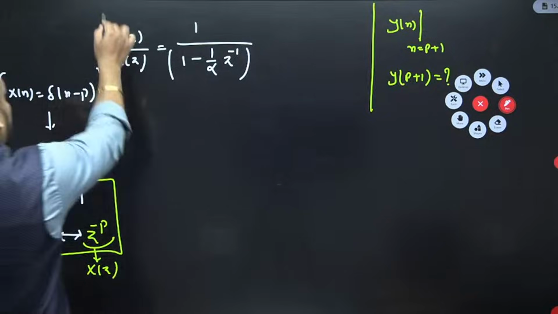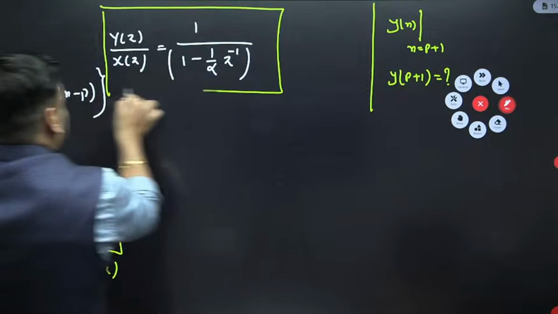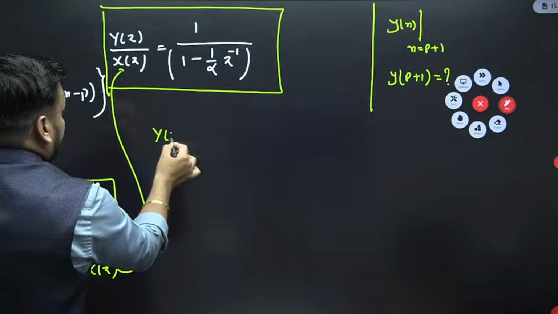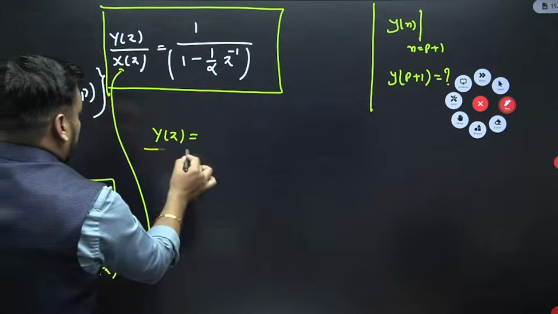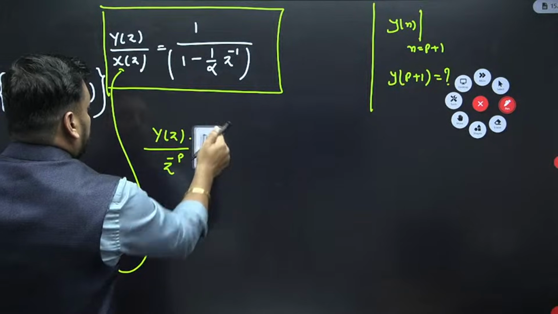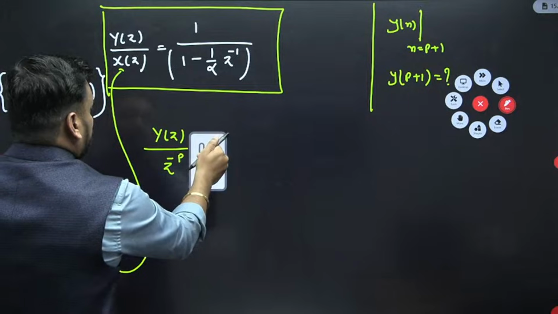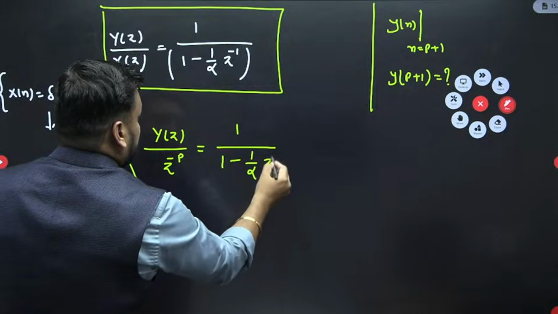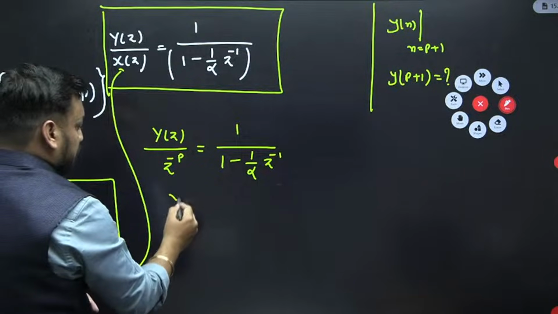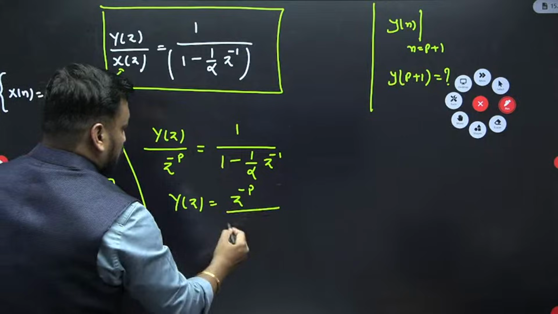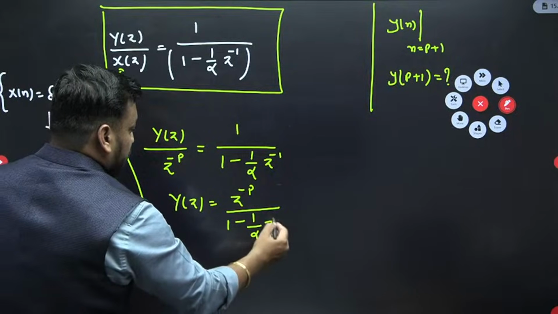So what I am doing now, in this final box, I am just substituting the value of X(z) from here to here. So finally, Y(z) upon z to the power minus p equals 1 upon 1 minus 1 by alpha z inverse. You just need to cross multiply this, so you will get Y(z) equal to z to the power minus p upon 1 minus alpha z inverse.